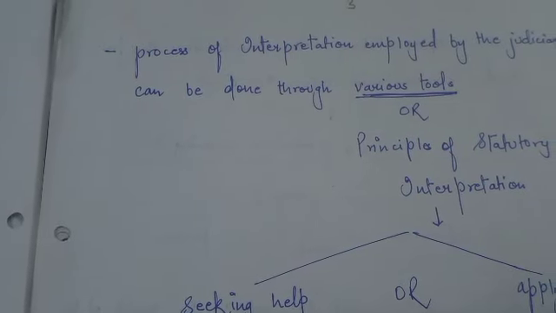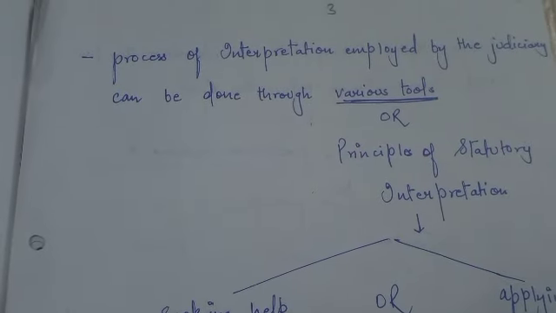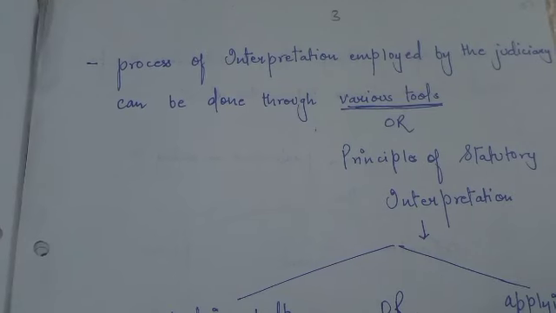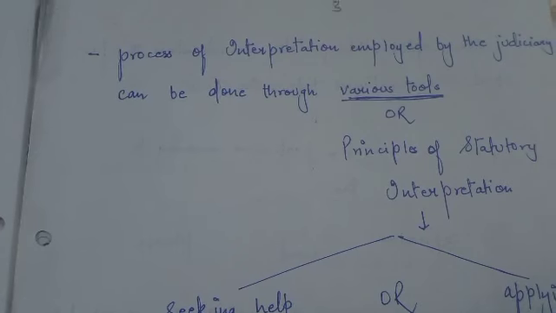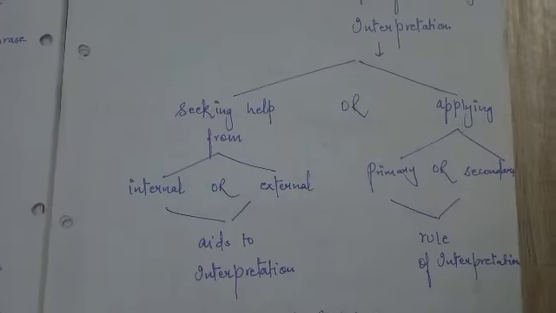And along with the rules which have been applied by the judiciary, there are certain processes or tools which have been employed by the judiciary time and again to reach the conclusion or to actually find out the real intention of the legislature.